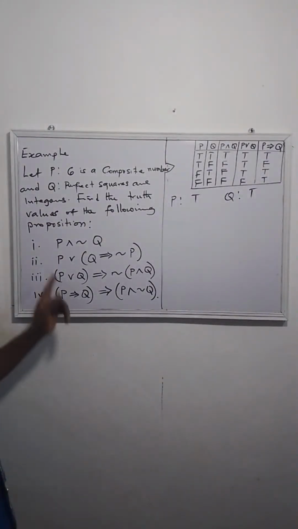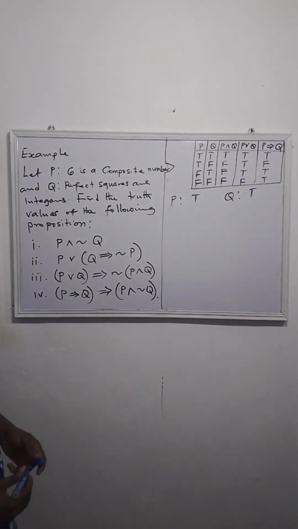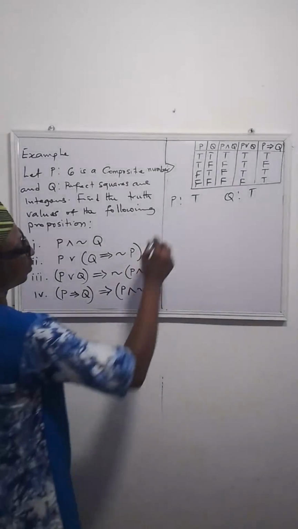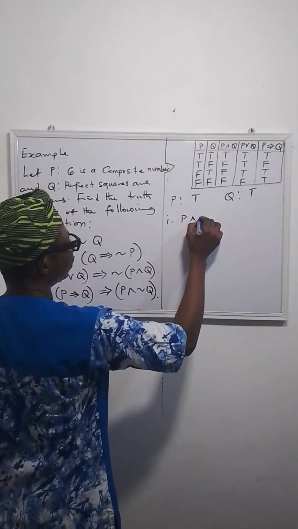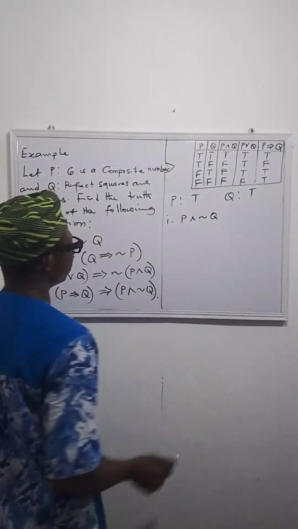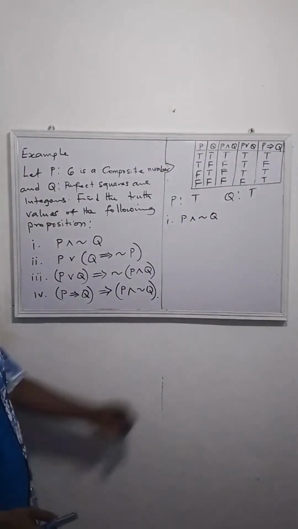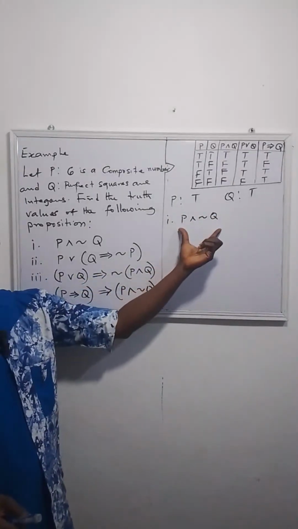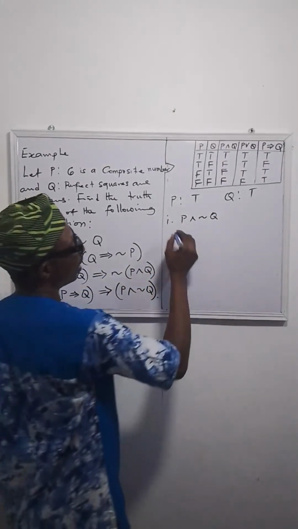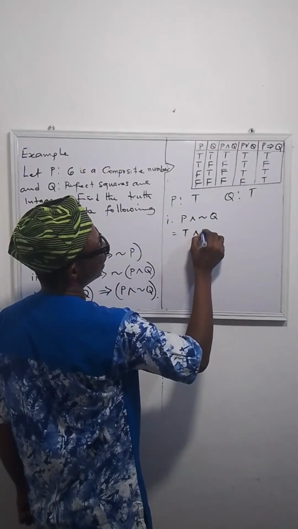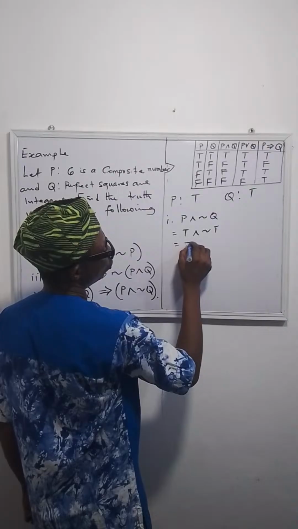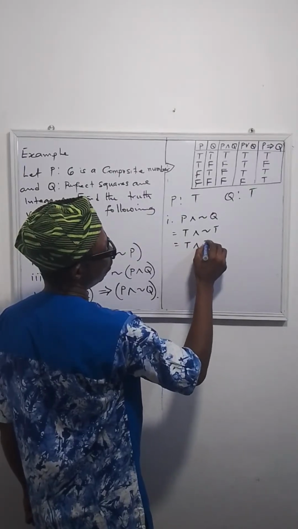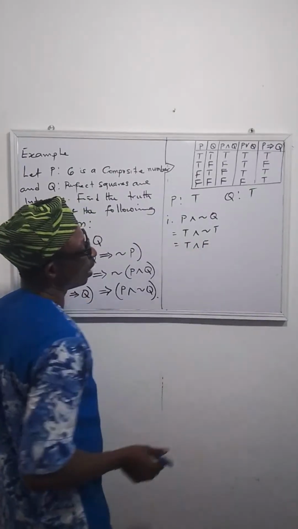Good. So now let us find the truth value. For the first one, we have P and negation of Q. What is going to be the answer to this? Just plug in the truth value of each of the statements. So we have true and negation of true. That is the same thing as true and false.